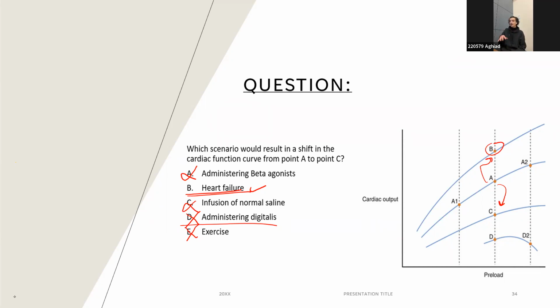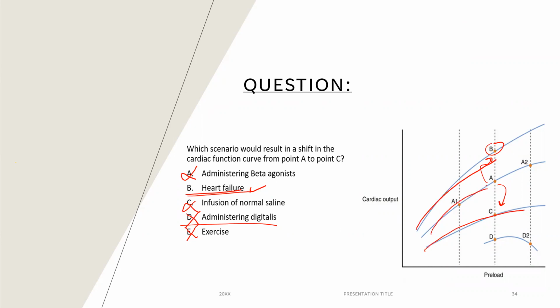But I think you get it. If beta agonists affect contractility, they affect the cardiac function curve. If they affect the veins by constriction or dilation, they would affect the vascular function curve. If they affect the arteries and arterioles, they would affect the vascular function, but up and down. There is no movement to the right or to the left.